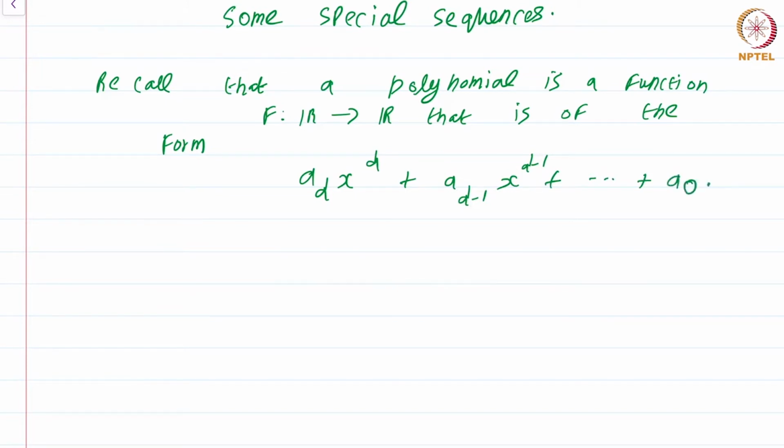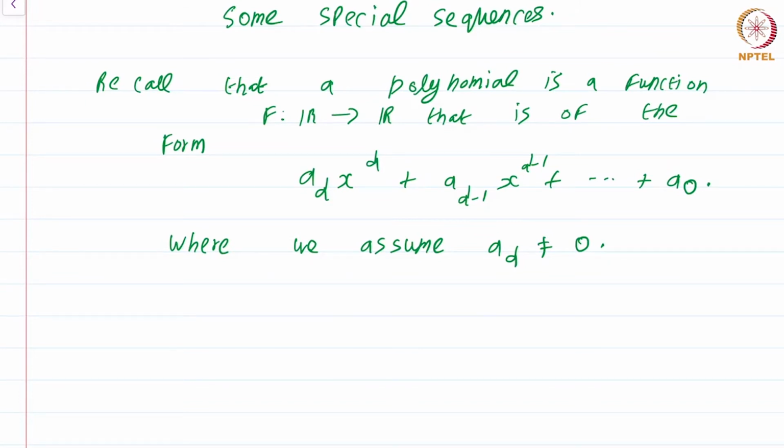Okay, and here for definiteness, we assume a_d is not 0. And this d is called the degree of the polynomial.